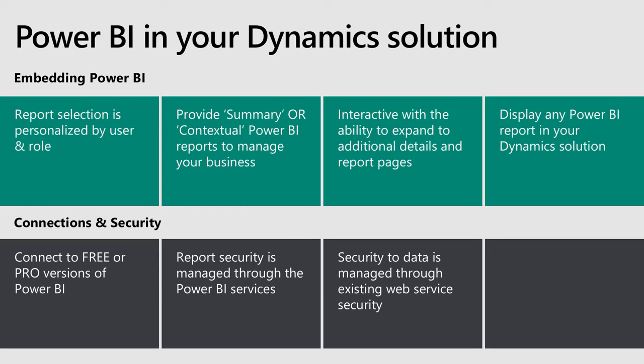It says provide summary or contextual Power BI reports. What that means is that on the home page, it's by default summary because there's really nothing contextual about the home page. So it might be things like customer sales graphs, top 5 customers that look like this.